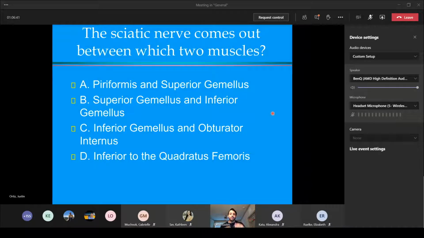Typically, I'm not going to test you on exceptions, because obviously it can come out of different places, but 90% of the time it's going to come out between these two muscles.